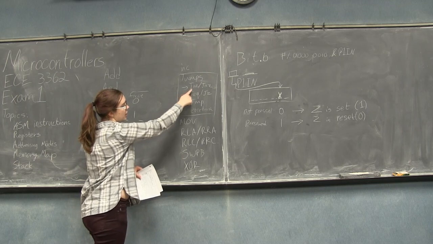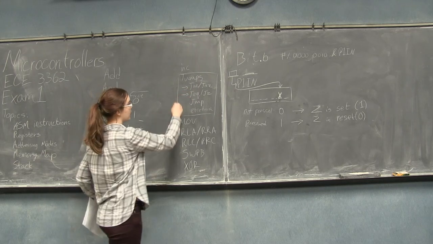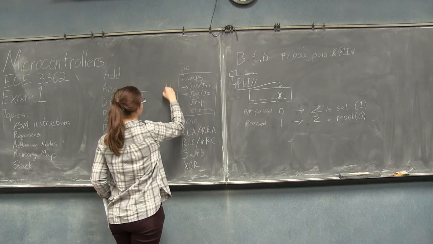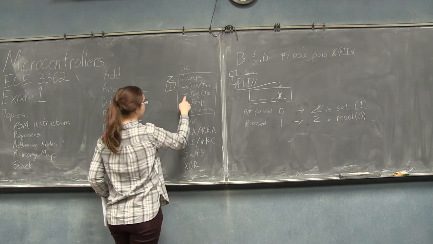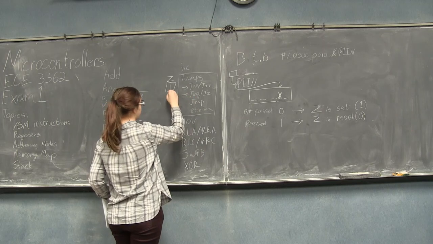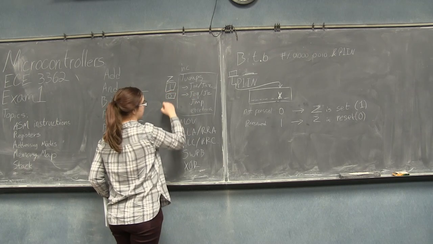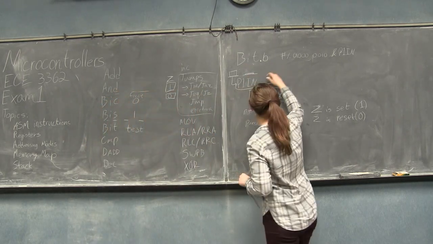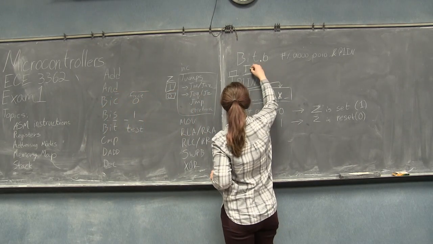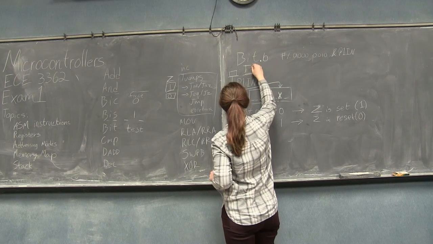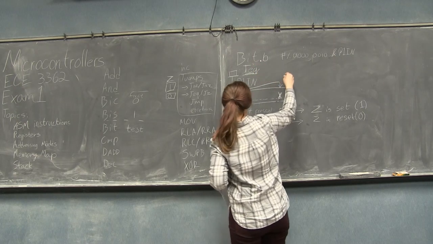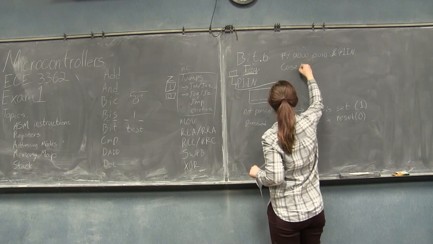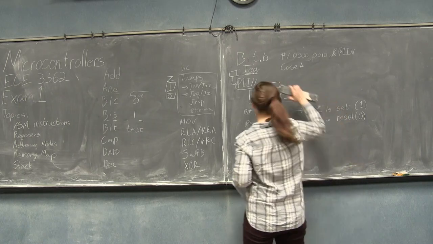This one, you branch to its location when the Z flag contains a 1, and this one, you jump to the location when the Z flag contains a 0. So let's say that right underneath our bit test B, we have a jump if equal to, and I need to make room for myself here.